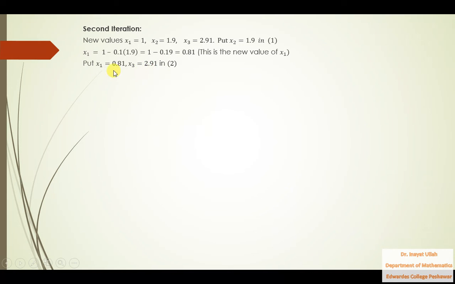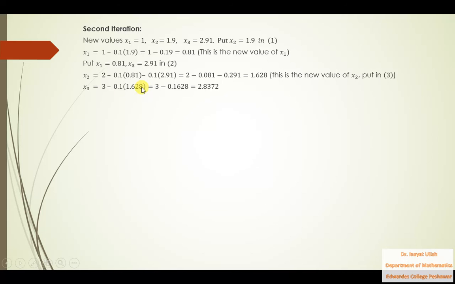So put x1 equal to 0.81 and x3 equal to 2.91 in equation number 2 to get the updated value of x2 as 1.628. Now this is the updated value of x2. Put this updated value of x2 in equation number 3 to get the updated value of x3 as 2.8372. So that is the second iteration.